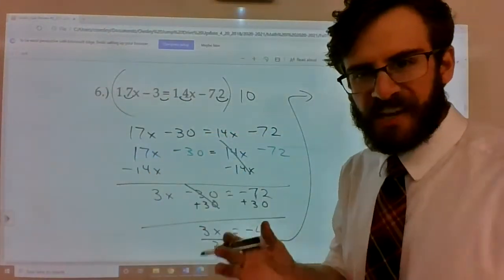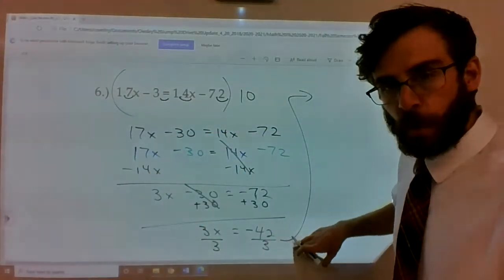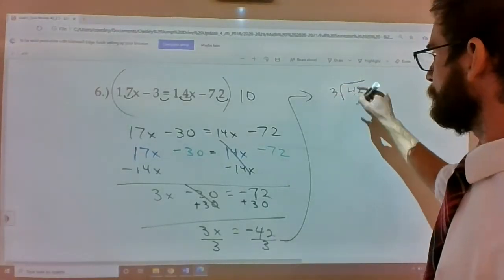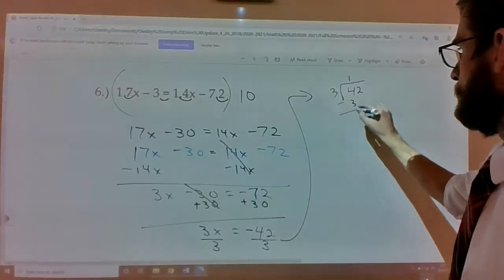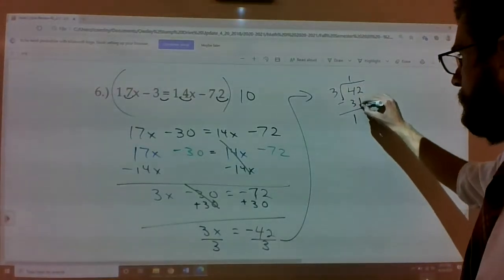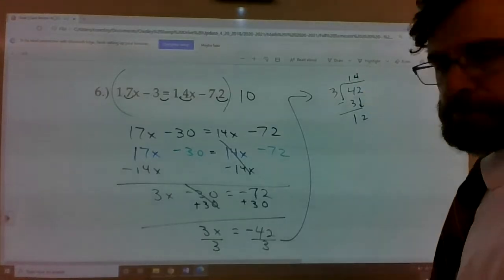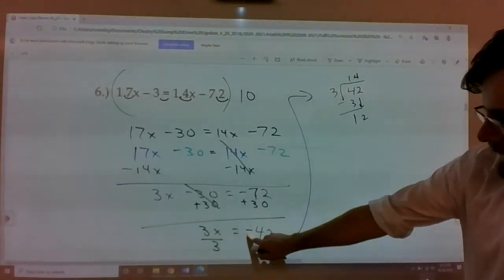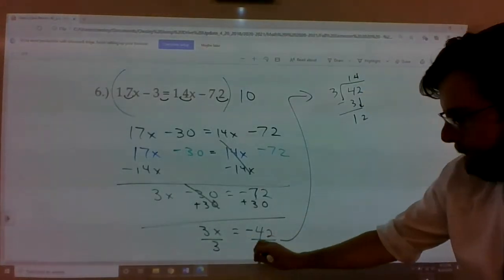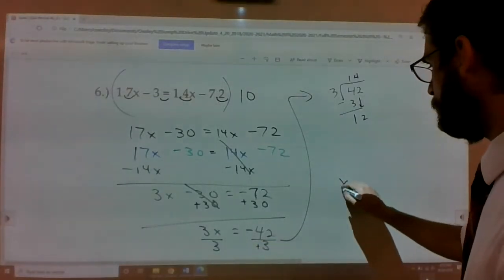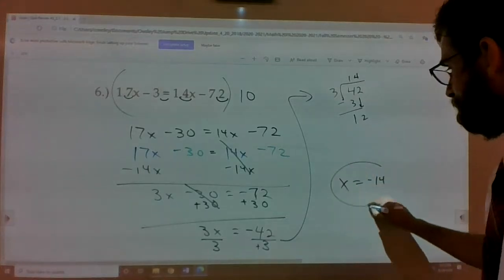So if you got to go inside the box to figure out what that quotient is, then please do that. 3 goes into 4 one time. Subtract, you get 1. Drop the 2. 3 goes into 12 exactly 4 times. So it's 14. A negative divided by a positive would yield a negative value. So x equals negative 14.